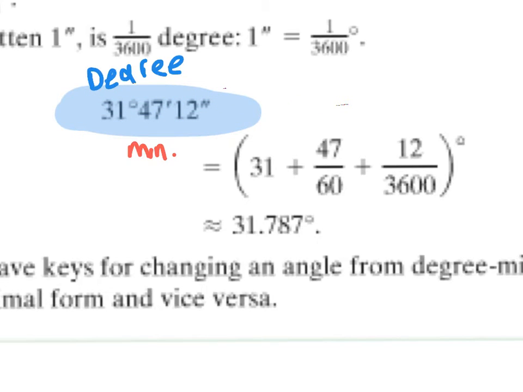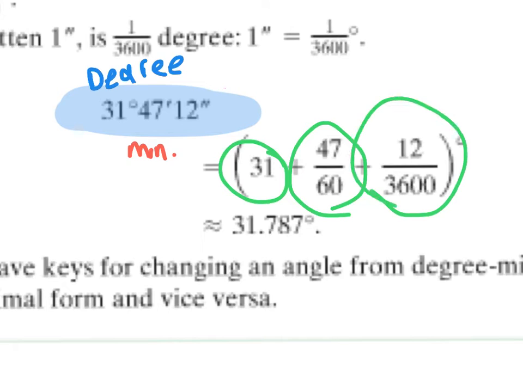Degree would stay as your degree, which is your whole number. The second number is minutes. So you divide by how many minutes are in an hour, which is 60. And the third number is seconds, and you take that and you divide it by the number of seconds in an hour, which would be 3,600. And then you would take all of those and add them together. So if you didn't have a calculator that would convert it for you, that's how you do it. Most of us have calculators that convert it for us.